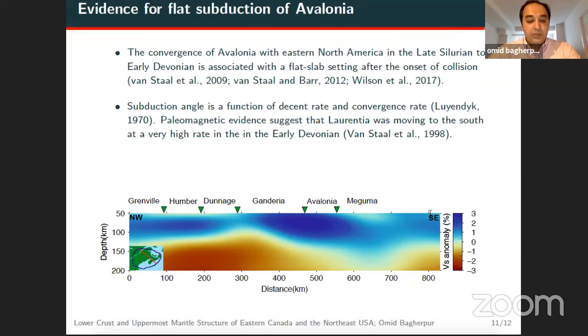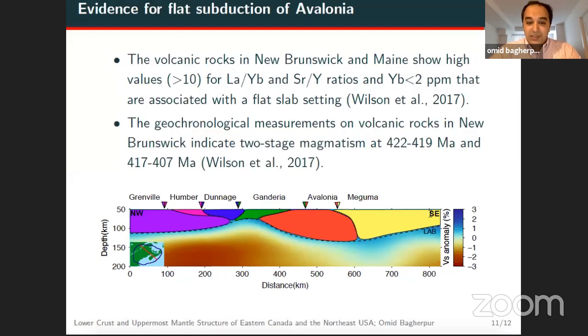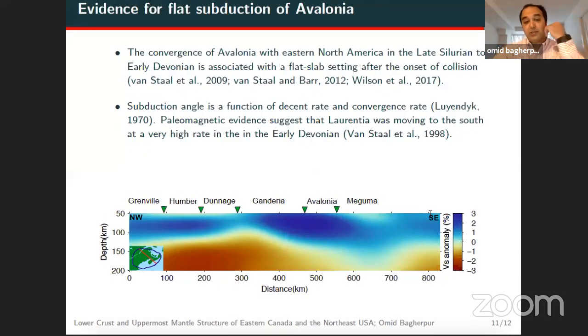We know that the convergence of Avalonia to North America in the late Silurian was associated with a flat slab setting. We have evidence from paleomagnetic studies, from isotopic studies, and most importantly from the bimodal distribution of age of the volcanic rocks.